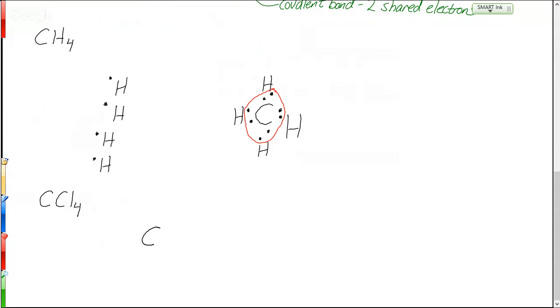So we draw the carbon with its 4 electrons, and we have 4 chlorines, each of which has 7. So we'll just say that times 4. How could we connect those so that the carbon and all 4 chlorines have 8 electrons each, or have access to 8 electrons each?